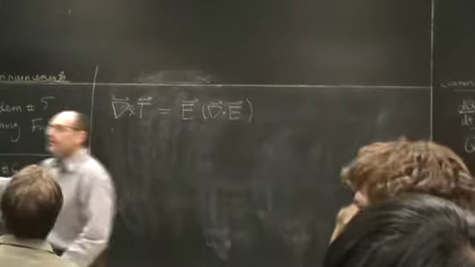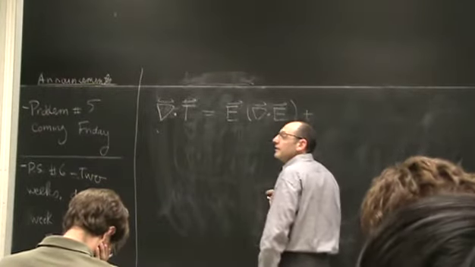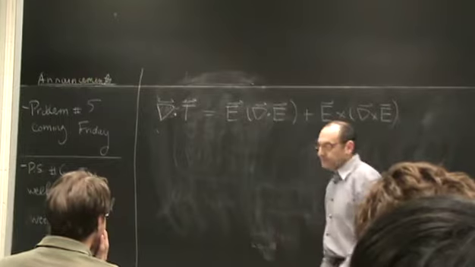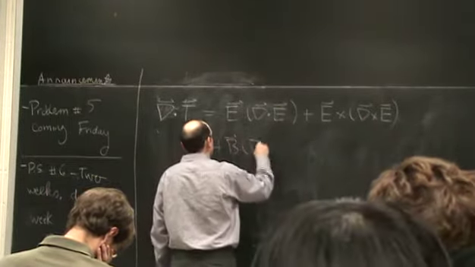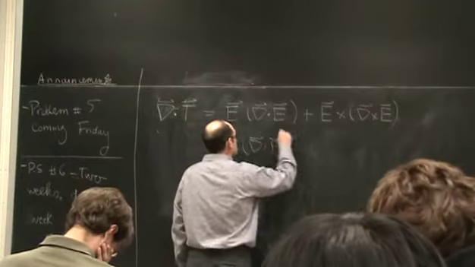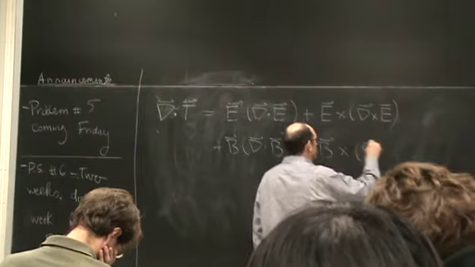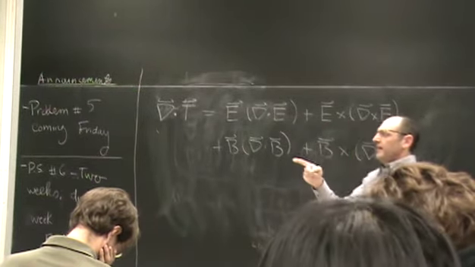Then we're going to have plus E crossed into the curl of E, plus B times the divergence of B, plus B crossed into the curl of B. Let me just check on the signs here.